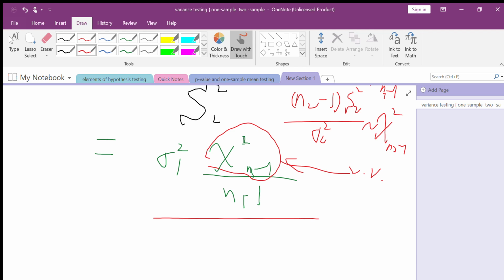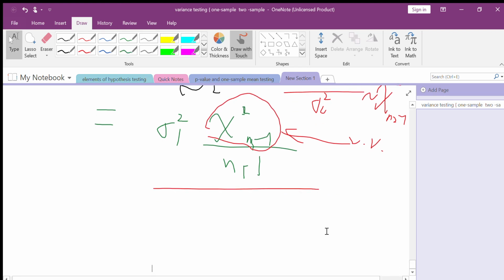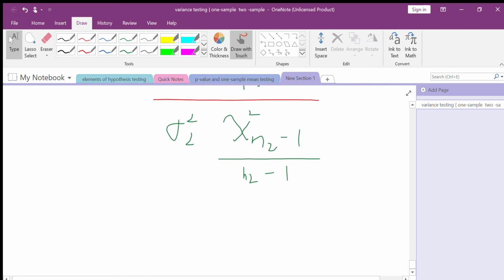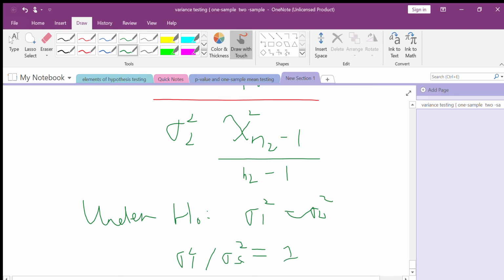And for the denominator, it's just sigma 2 squared chi-squared n2 minus 1 divided by n2 minus 1. Under H null, sigma 1 squared equals sigma 2 squared, which means sigma 1 squared divided by sigma 2 squared is just 1.